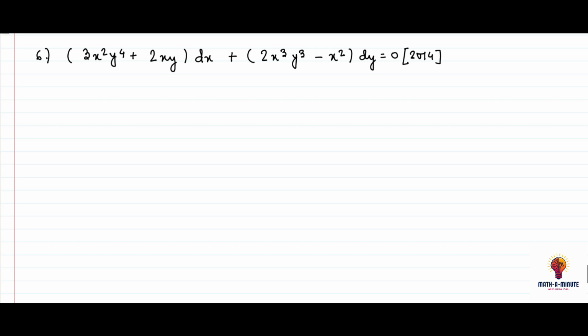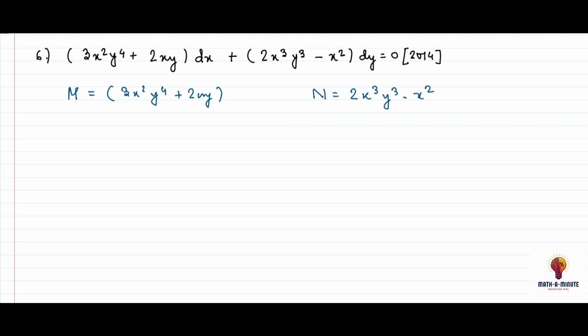So for this problem, first we have to check whether this equation is exact or not. Let me consider the first coefficient, M, of dx, which is 3x squared y to the power 4 plus 2xy. And this function N is 2x cubed y cubed minus x squared.